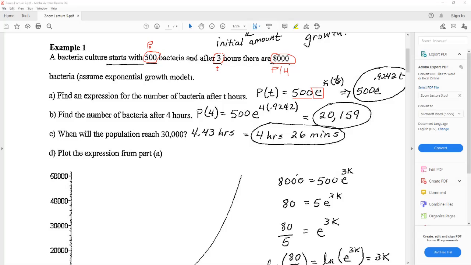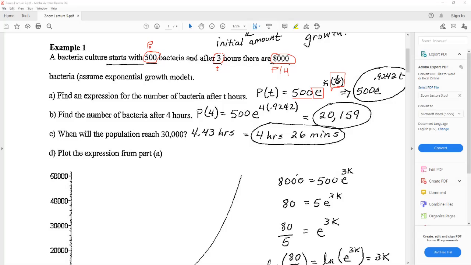In fact, without e, none of this would even be possible. And we know that the time is 3. So that would be our expression, 500e to the power of kt.